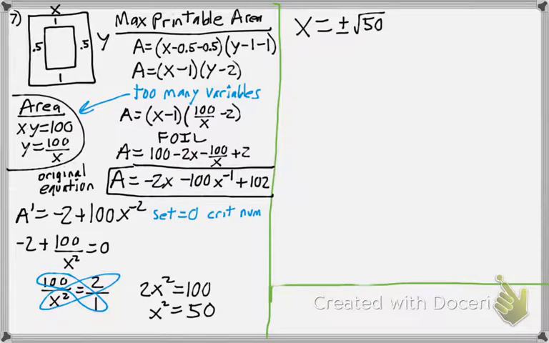Now, both of these are critical numbers, but only the positive one makes sense because we're talking about dimensions here. So only the positive square root of 50 makes sense. So we still need to do the proof.